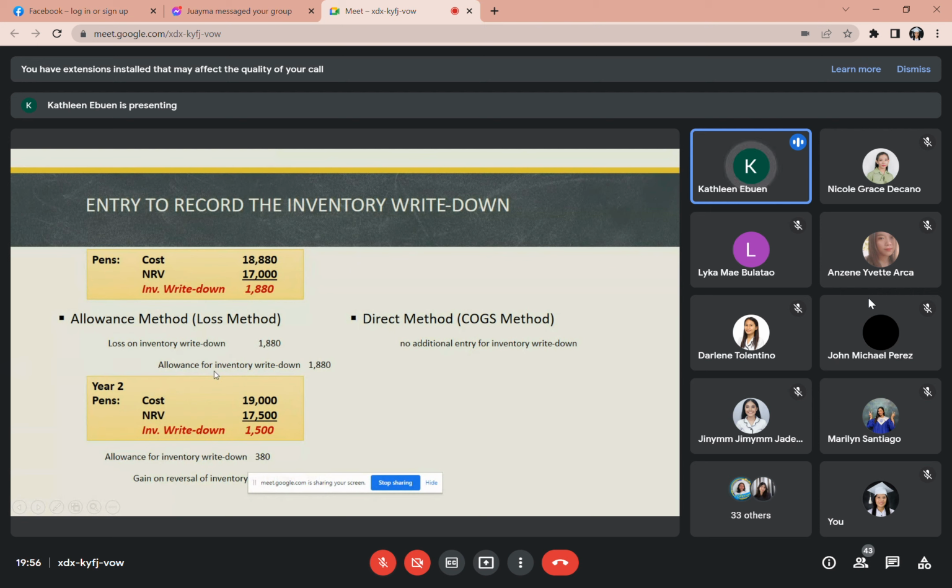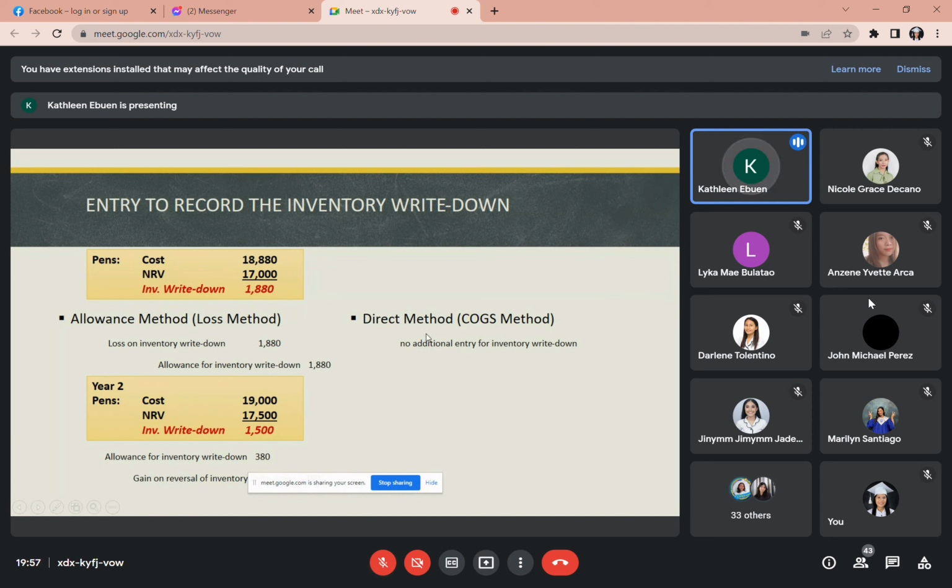And then magre-record din tayo ng allowance for inventory write-down, 1,880. Magre-reflect naman po ito sa balance sheet kasi this is a contra asset account ng inventory. So if you're going to represent the inventory at 18,880, ibabawas natin si allowance for inventory write-down na 1,880, magre-reflect po sa balance sheet na 17,000 yung inventory natin dito.